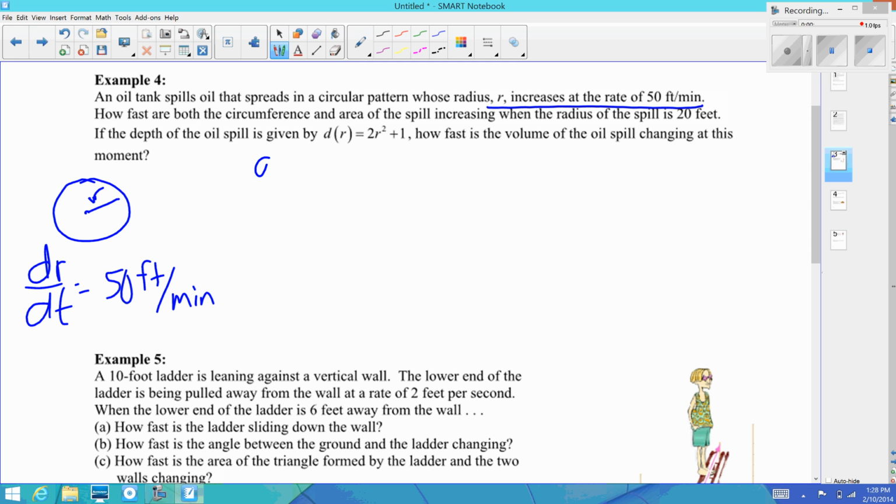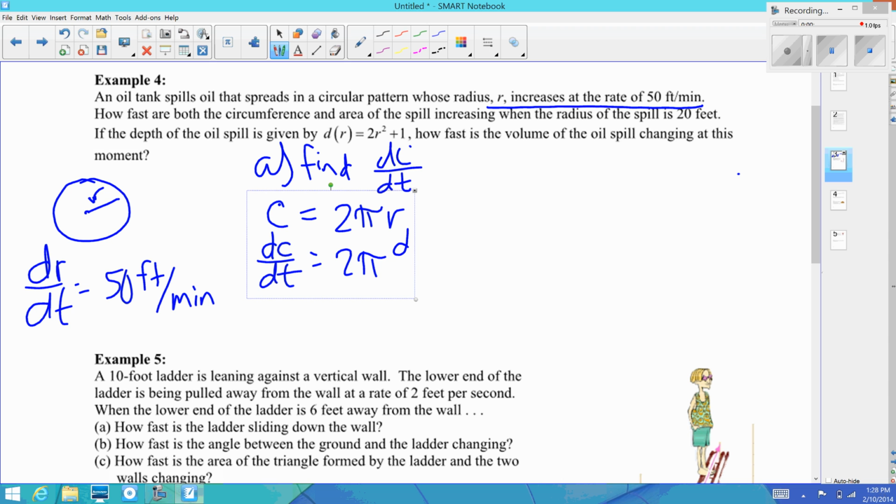So for A, we're trying to find the change in circumference. Okay, so circumference equals 2 pi r. So the change in that, dC/dt, equals 2 pi dr/dt.